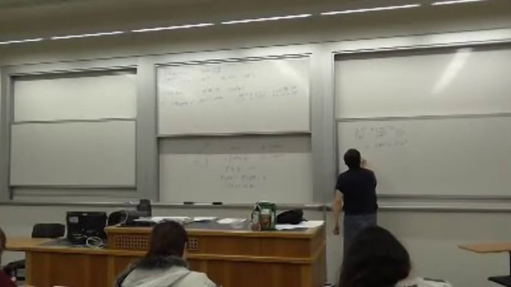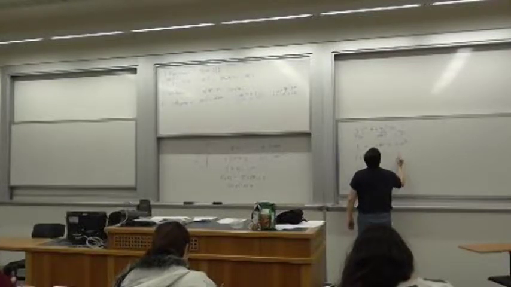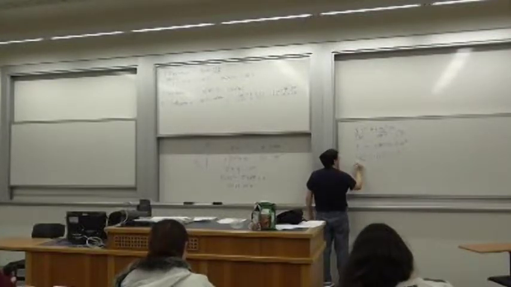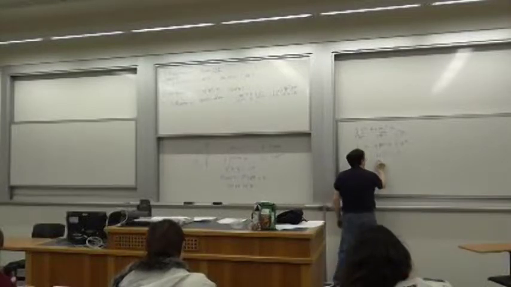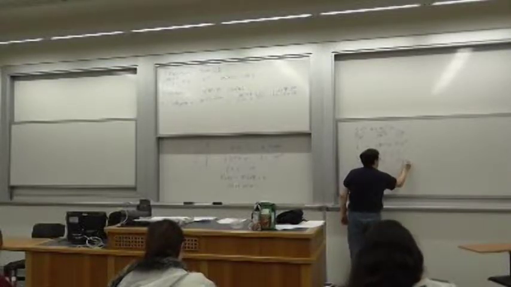Okay, again, starting with sine squared plus cosine squared equals 1. This time, I'm going to divide by cosine squared.